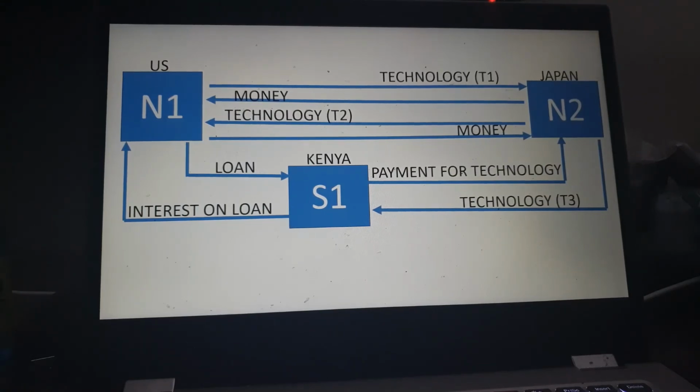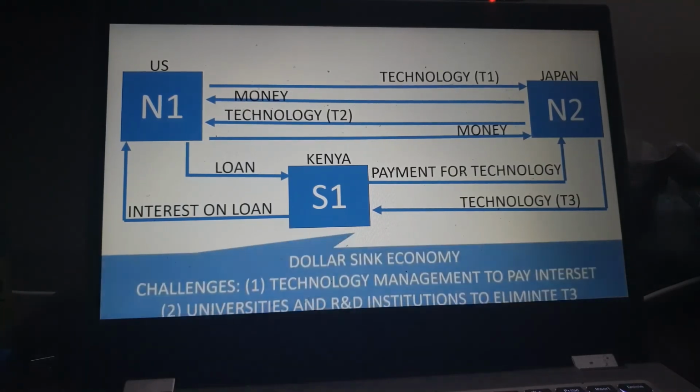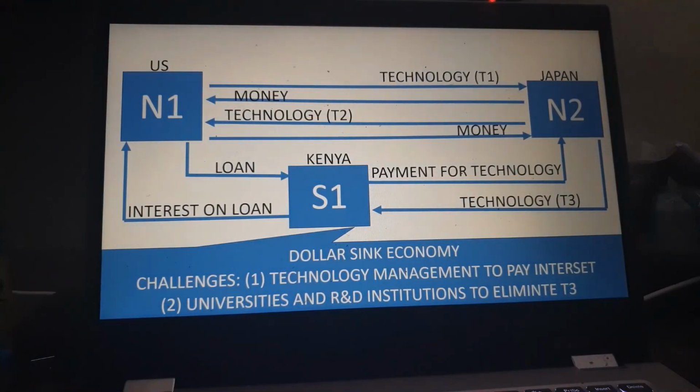And if we can understand this, then we ask ourselves, Kenya is a dollar-sink economy. What challenges? Technology management. How can we manage the imported technology so that we can pay that interest and still develop or build our economy? That is something we should be thinking about. Universities in Kenya and in the developing countries, can we eliminate the T3?